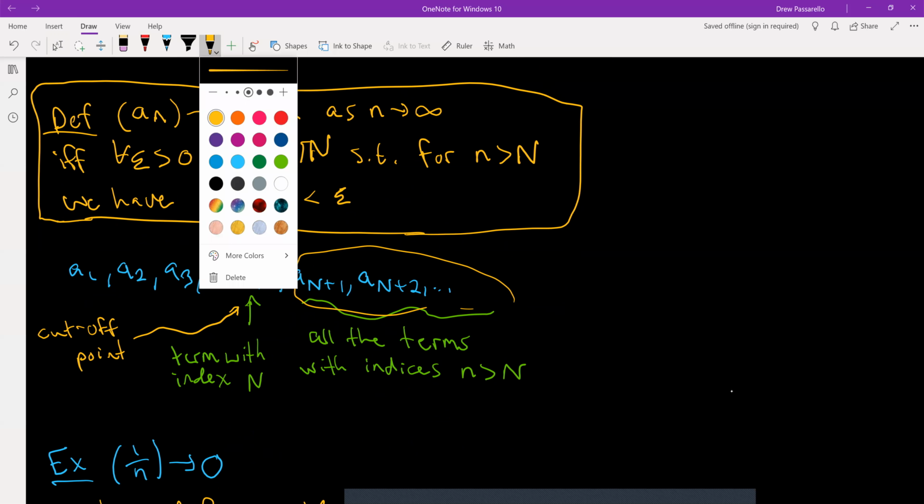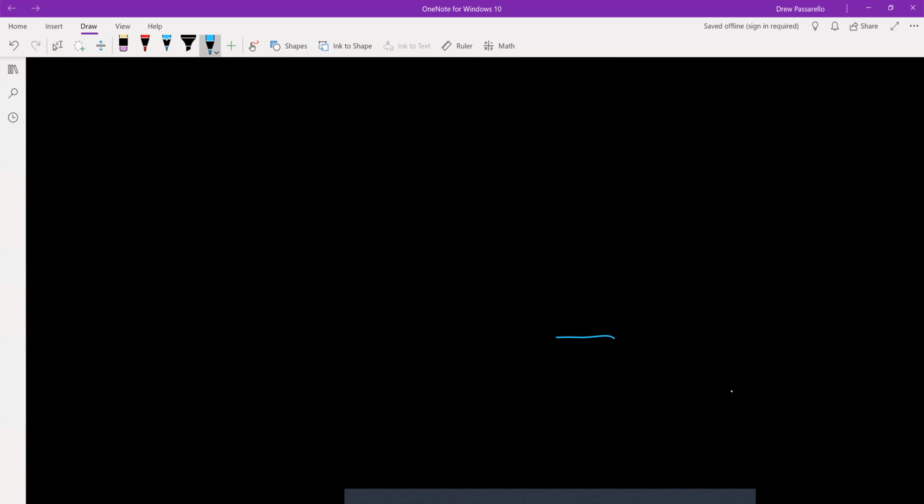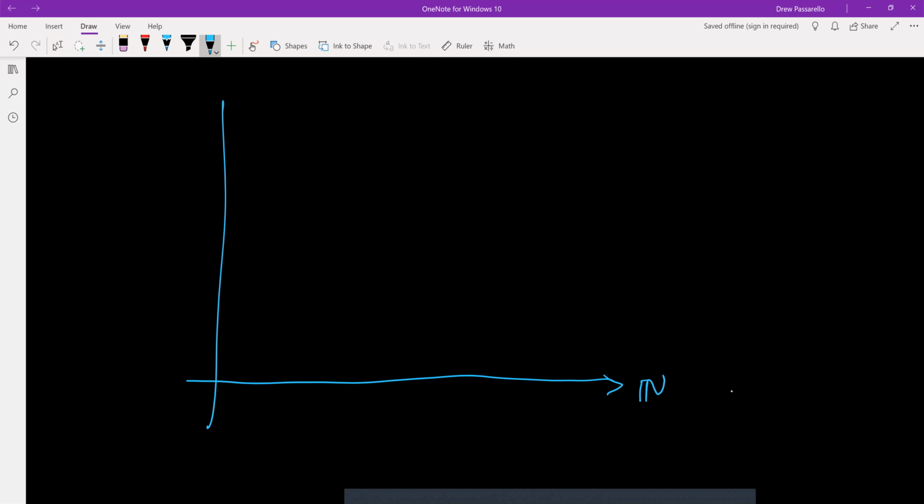Okay, so graphically, what's going on here? Think of the x-axis as the natural numbers n, and they go like 1, 2, 3, dot, dot, dot, up to N, and then N plus 1, and then N plus 2, and so forth.